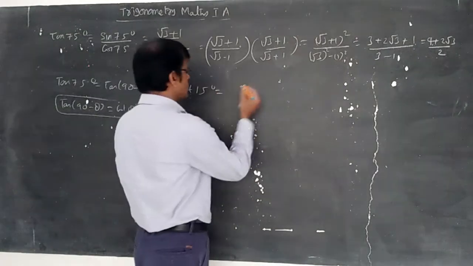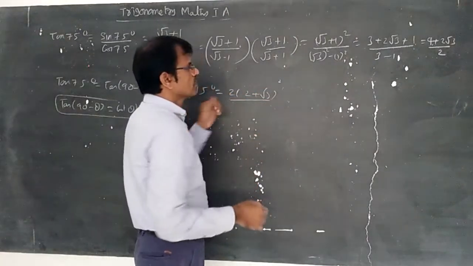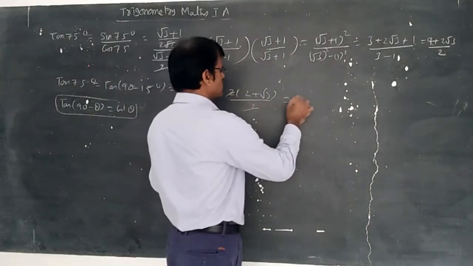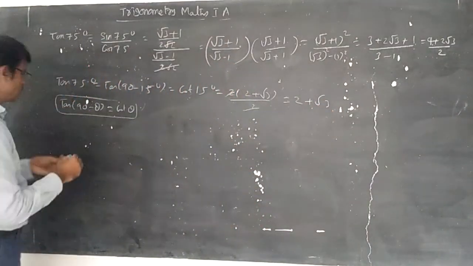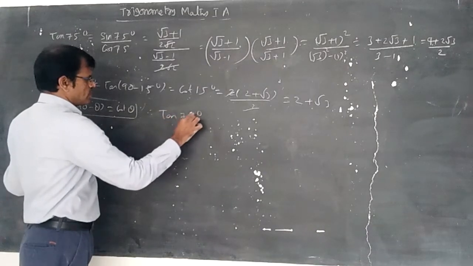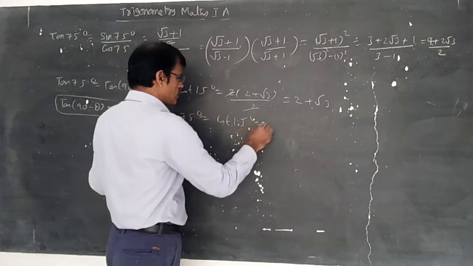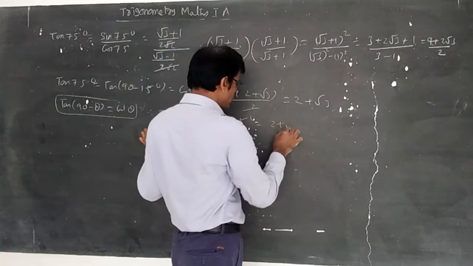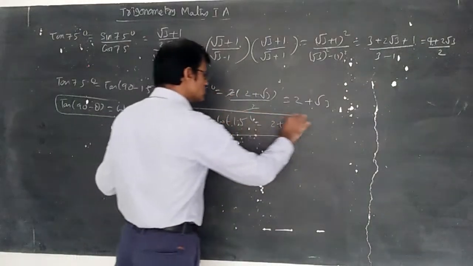Take 2 common, 2 plus root 3 by 2, 2 gets cancelled. So it is 2 plus root 3. Therefore tan 75 is equal to cot 15 is equal to 2 plus root 3. It is also most likely.